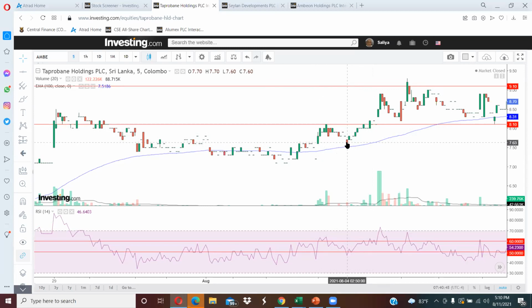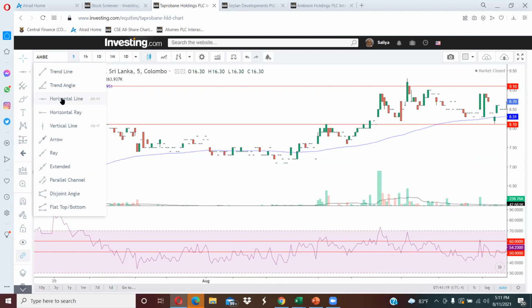I mentioned 1 rupee below the swing low, but in this case, since it's a stock below 10 rupees, we can leave a margin of maximum 20 to 30 cents from the present low, or otherwise keep it at the same price of 760. The low is 760, so let's assume we give a low of 760 here.